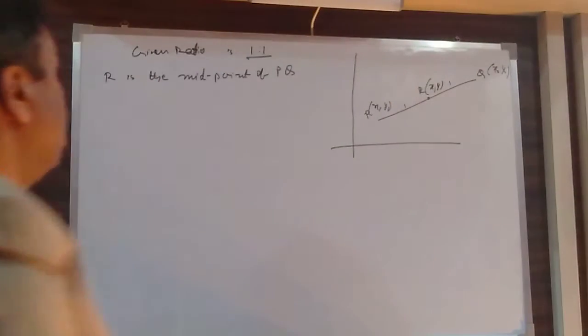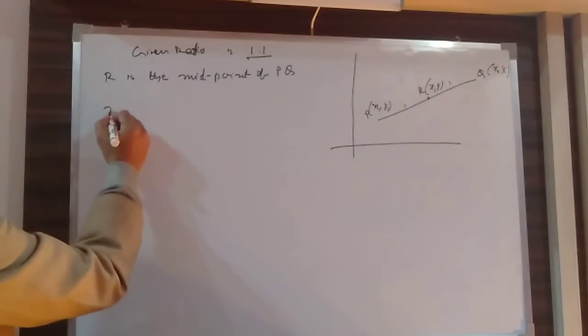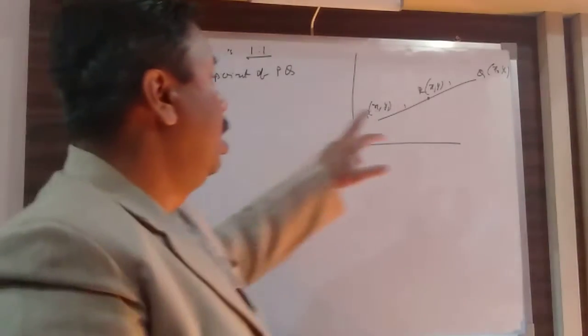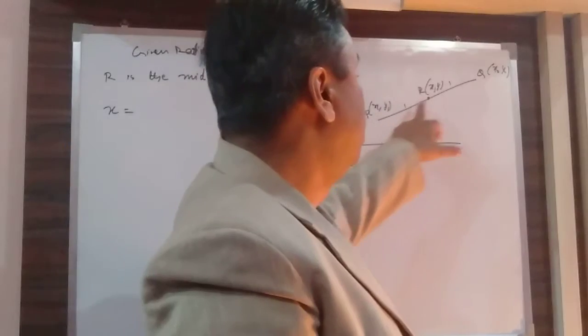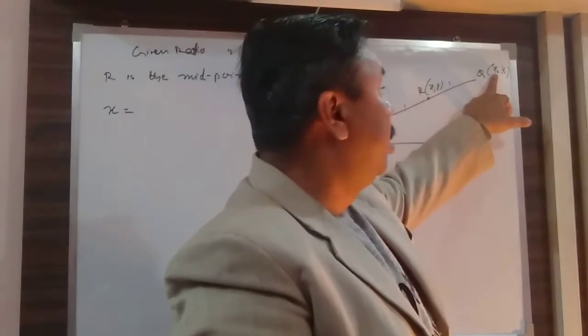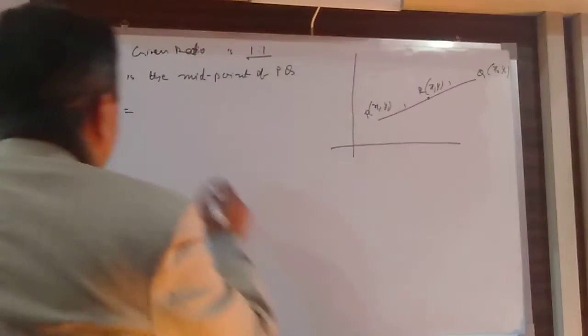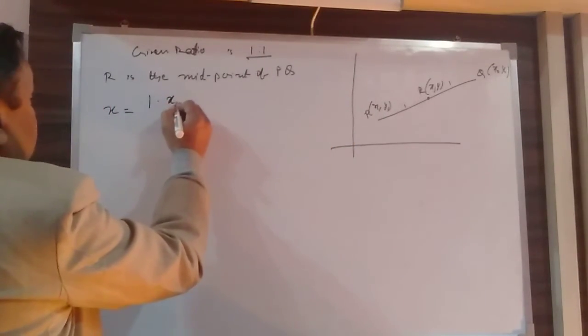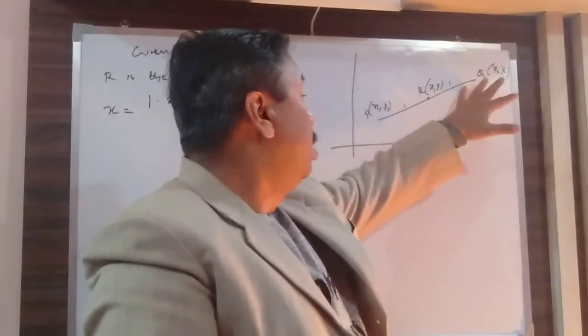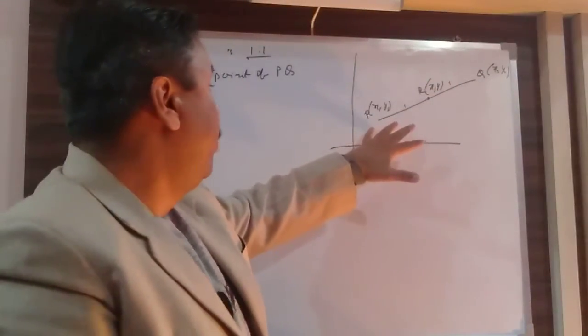Okay, so in that case, what will be x? As I told you, ratio of this side multiplied to the coordinate of other side. So 1 multiplied by x2 plus ratio of other side to the coordinate of first side.